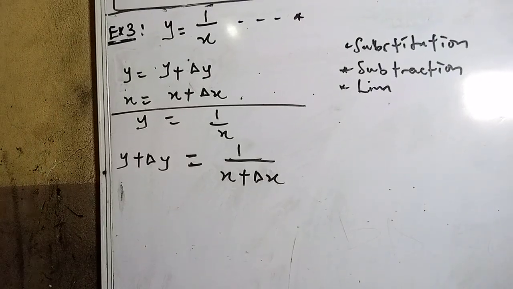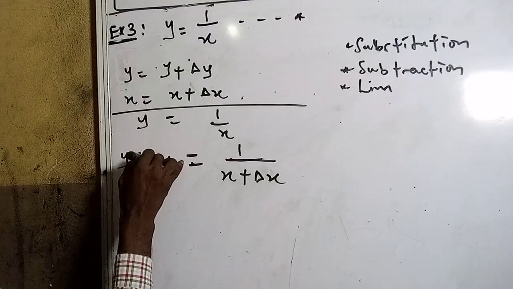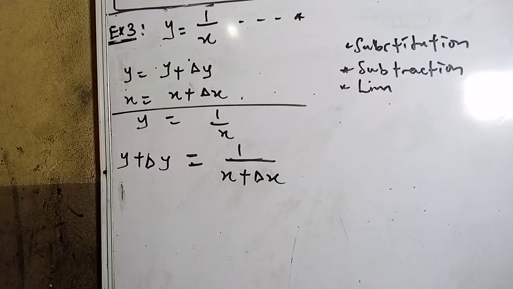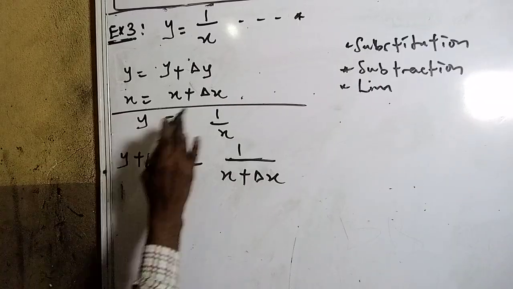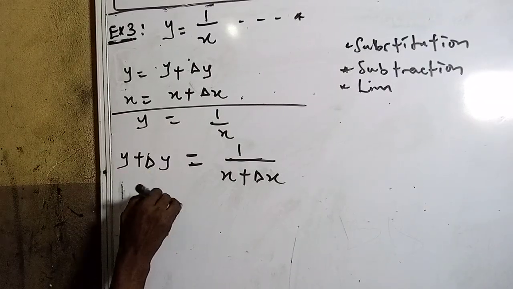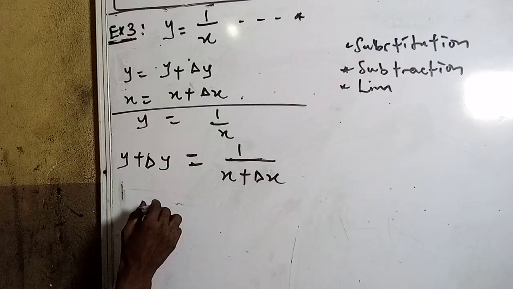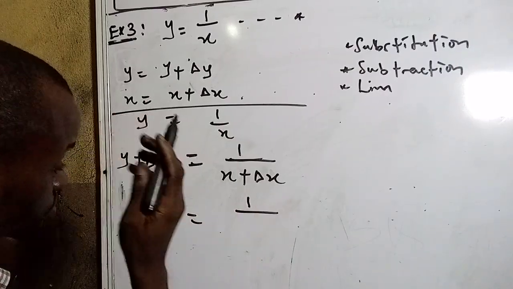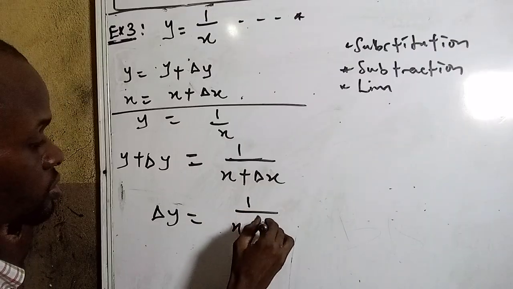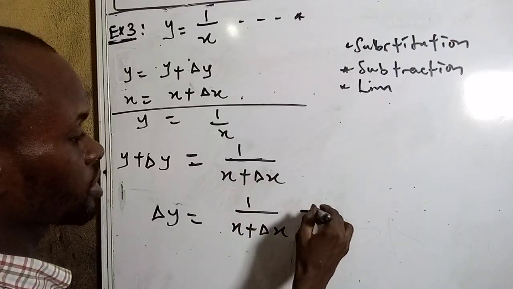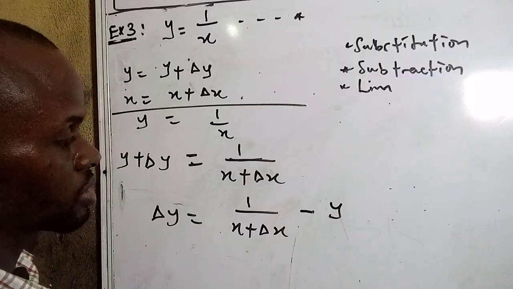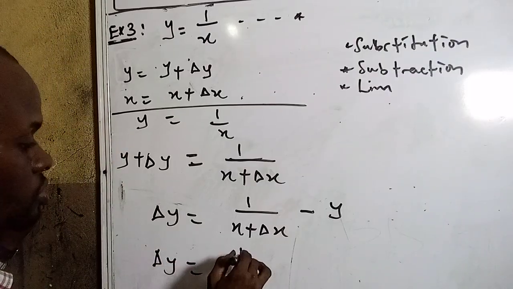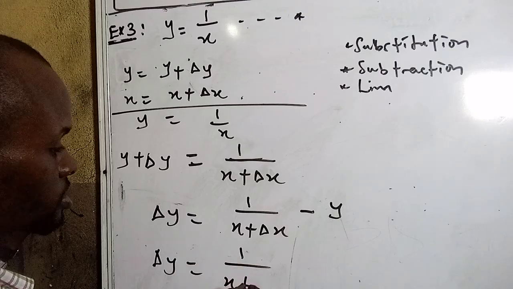So right from here, in this case, we don't have much expansion to do. So I can just bring my y to this side. So from here, my dy will be equal to 1 over (x plus dx) minus y. So what I have here now is equal to 1 over (x plus dx) minus y over x.